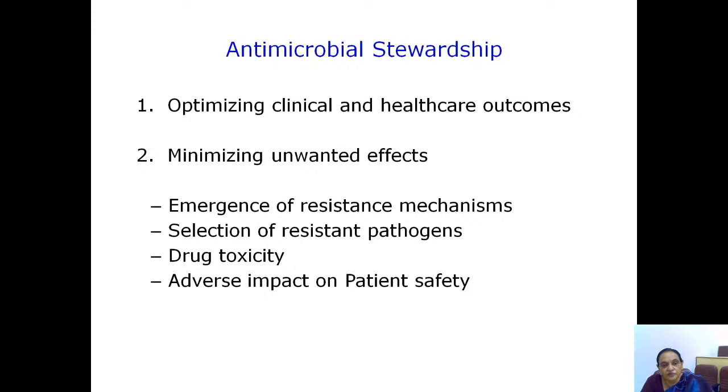If you have to define it, antimicrobial stewardship is optimizing clinical and healthcare outcomes and minimizing unwanted effects of antibiotics by reducing the emergence of resistance mechanisms, reducing the selection of resistant pathogens, and reducing drug toxicity and adverse impact on patient safety.